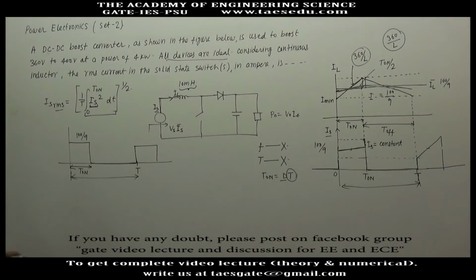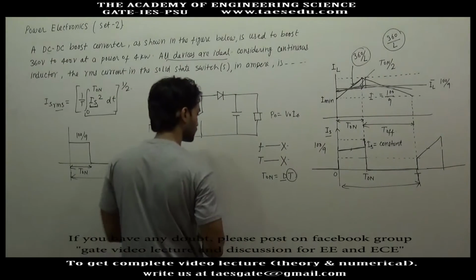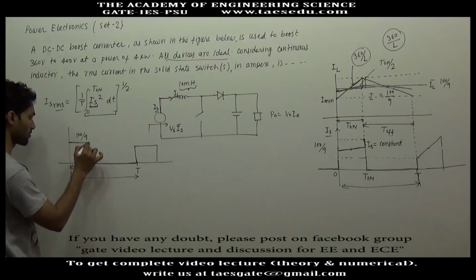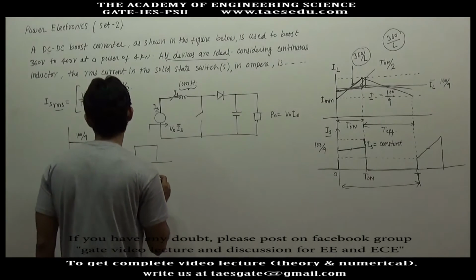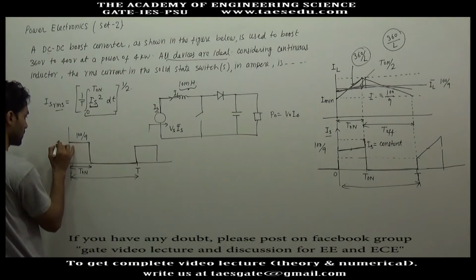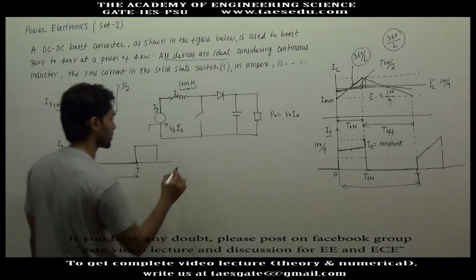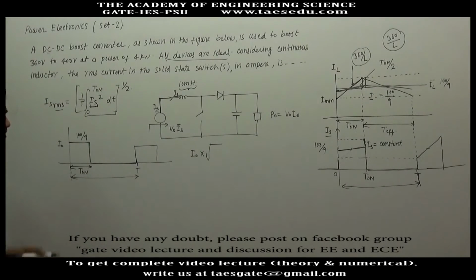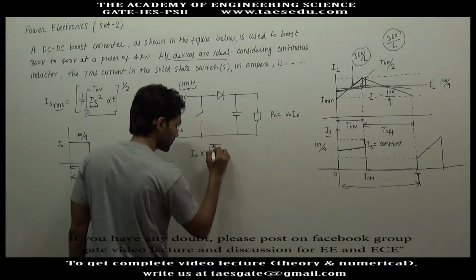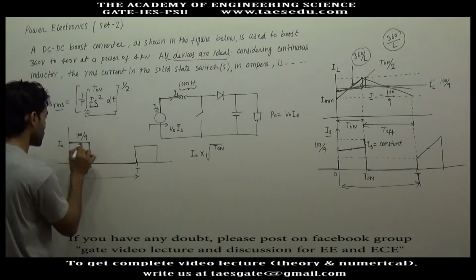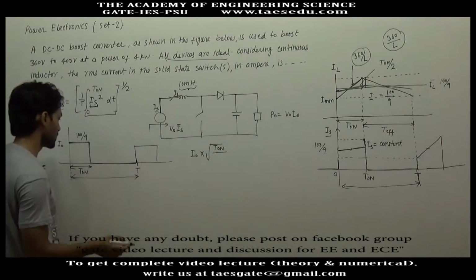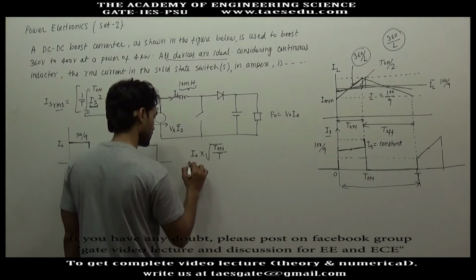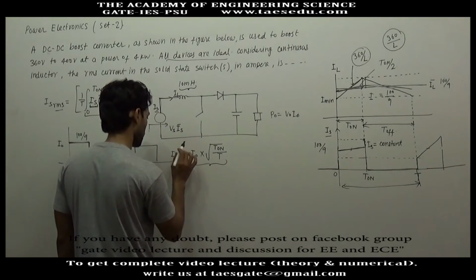Now we have to find out the RMS current. RMS of this kind of graph, let's say this height is I naught, is I naught into root under, in the numerator the duration for which this value is constant, divided by, in the denominator, the total interval T. This will be the RMS value of switch current.